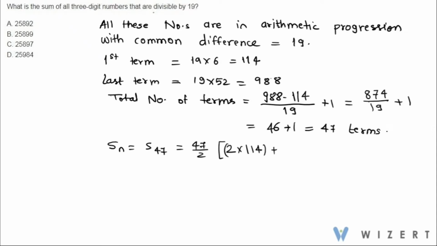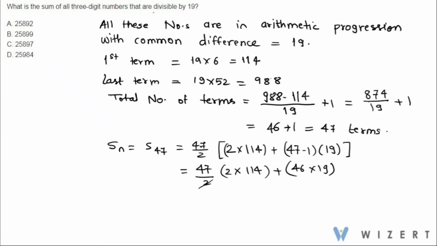So n minus 1 is 47 minus 1, multiplied by common difference 19. So 47 by 2 into 2 into 114 plus 46 into 19.